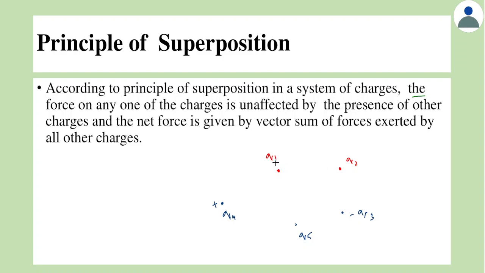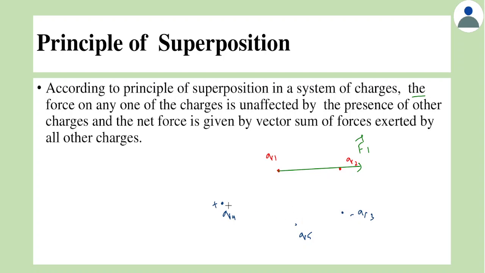Since in this case Q1 and Q2 have the same polarity, the force which this exerts would be a repulsive force. We'll call this F1. So F1 is the force which the charge Q1 exerts.